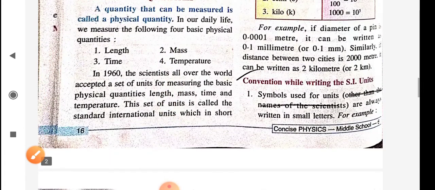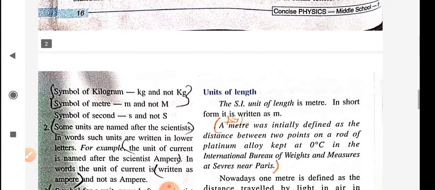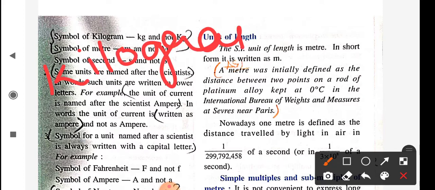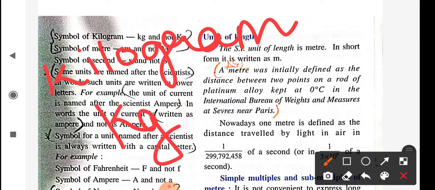Now we discuss the conventions while writing SI units. The first point is that symbols used for units are always written in small letters. For example, the full form is kilogram, so we write kg, first k and then g.